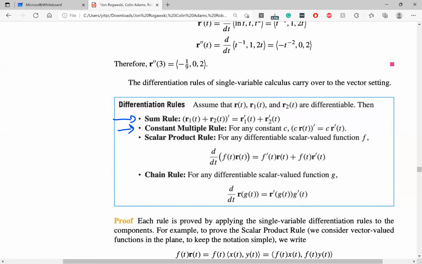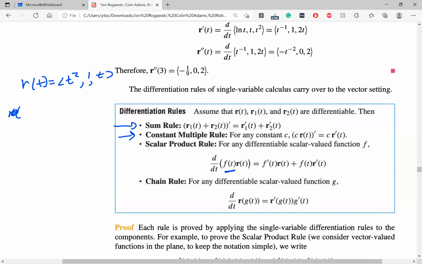If there is some function f of t, so this is some scalar function, like let's say you have r of t is equal to t squared, 1 and t, and now f of t is not a vector. Let's say f of t is t squared.